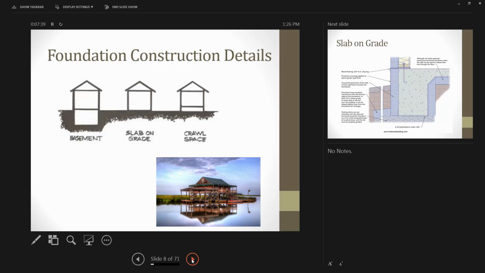And again, I want to back up on this because a couple people I had talked to in the last couple weeks, these are things that we're really going to have to look at when we start looking at assembly details. Some of these might seem fairly elementary, but I want to run through them before we start talking about the thermal envelope. When we talk about foundation constructions, we've got three basic kinds: basement, slab on grade, and crawl space.